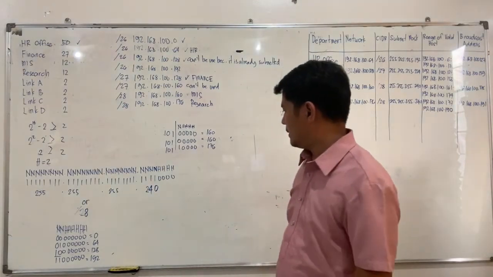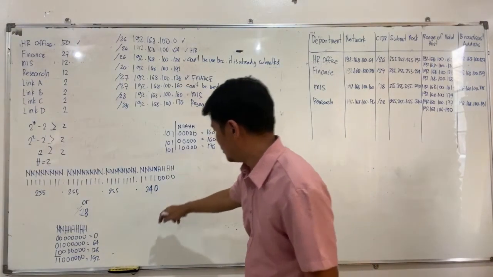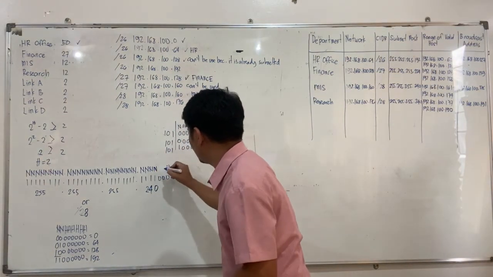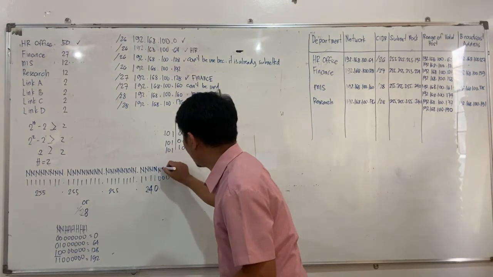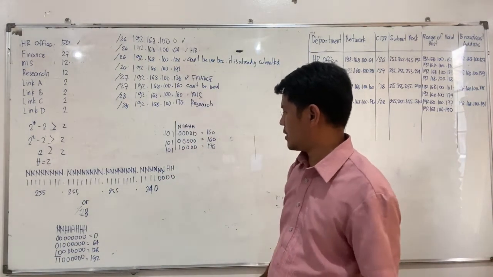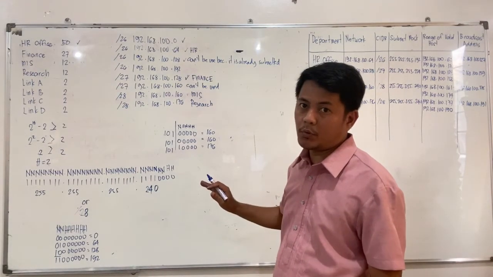Our h here is 2, therefore we need to convert this into a network number. The remaining two bits are for hosts.